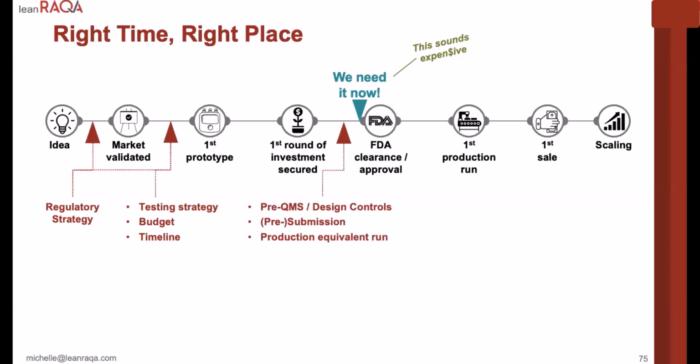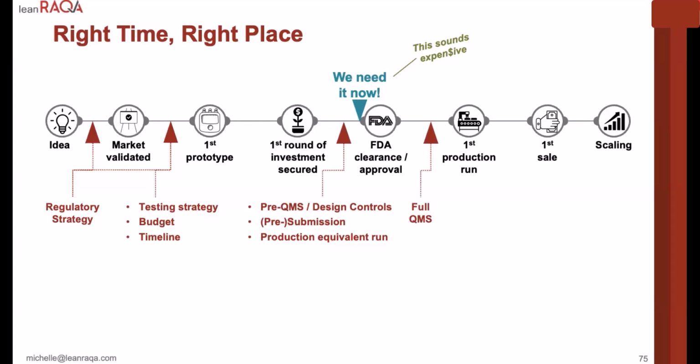You're going to need some level of pre-QMS, at least a set of design controls. You need to consider doing a pre-submission with the FDA, and your testing needs to be on a production equivalent run.